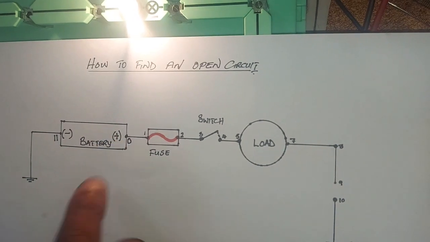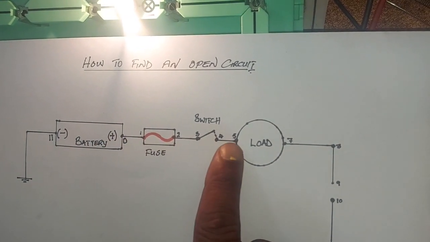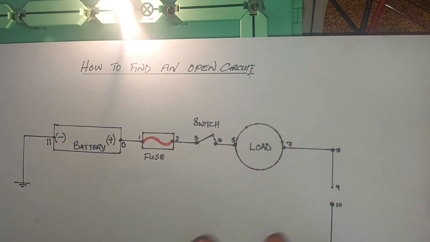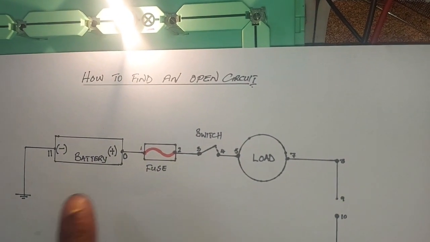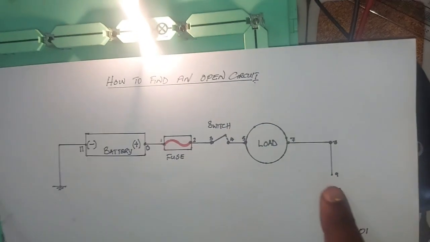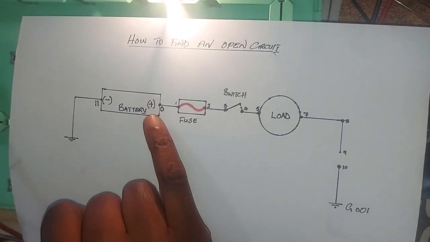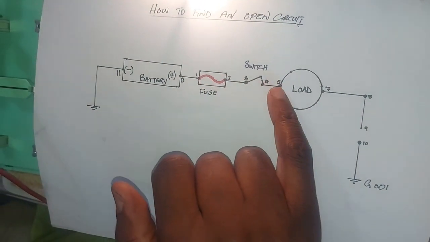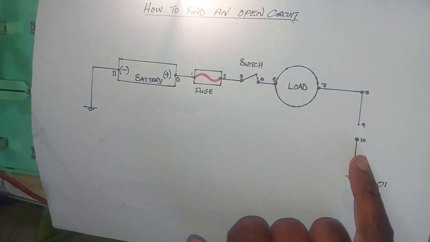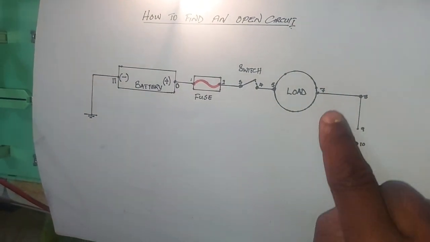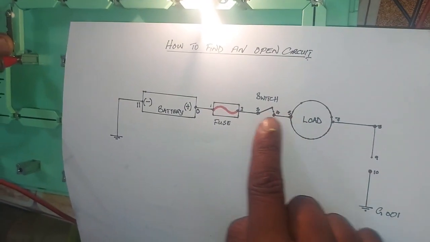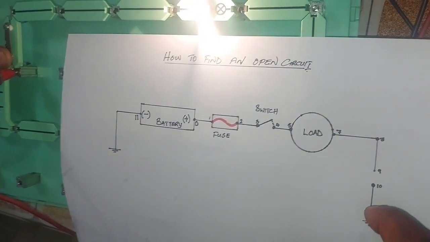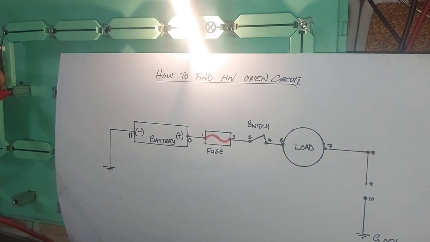If you're on the positive side, there, and then you interrogate this side, you will find which side, and then it's easy. Now you're not going to open the whole loom. Imagine our open is here, then we open the whole loom from here, only to find that the problem is here. We should have just started here up to here. It saves time. We just come to where the problem is and get it sorted.